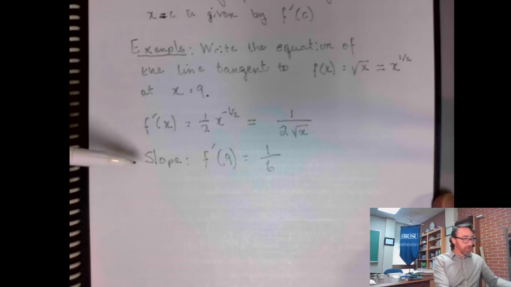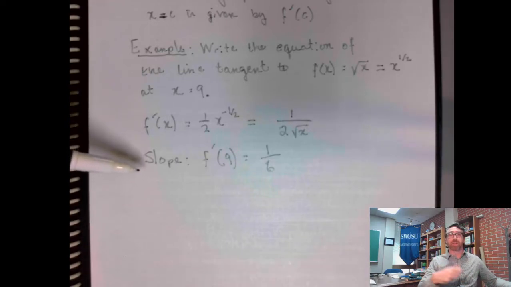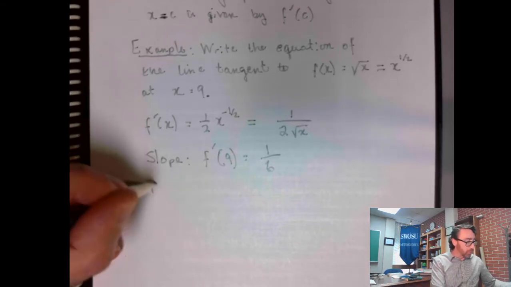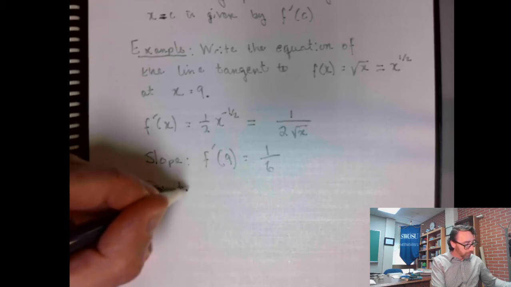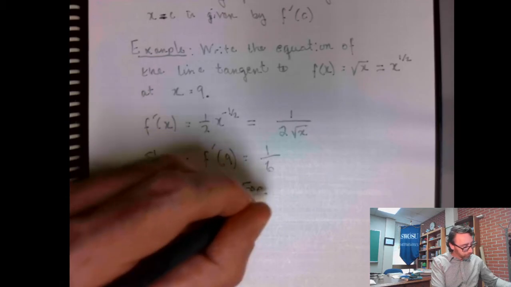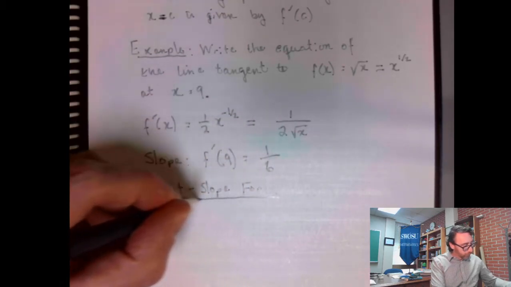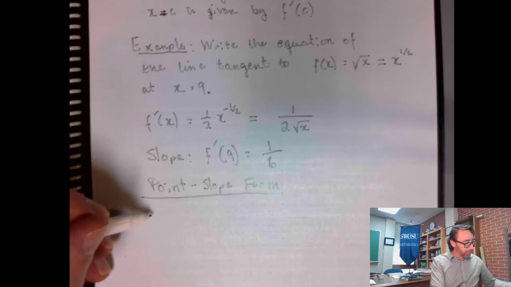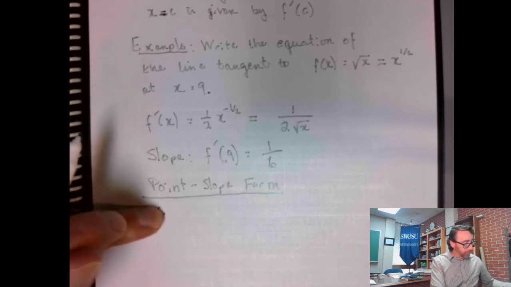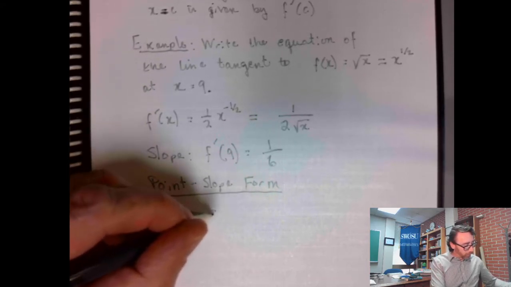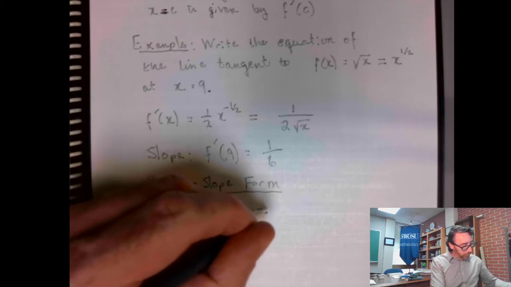Now, just knowing the slope of a line is not enough information to write the equation of the line. I like to use the point-slope form when I'm doing this. And if you remember, that goes like this: y minus y1 equals m times x minus x1.